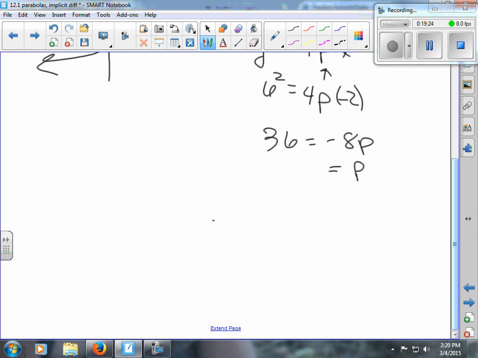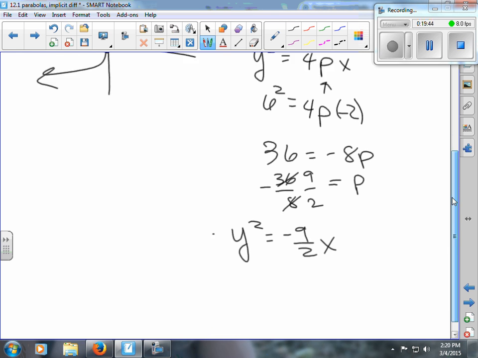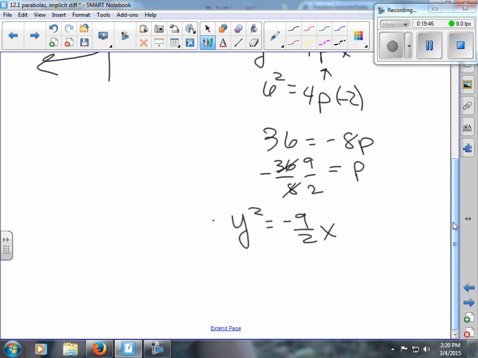So p is 36 over negative 8, which is 4 goes into both of those, 9 halves. So p is negative 9 halves. So that means y squared equals negative 9 halves x. Okay, and then you're done.